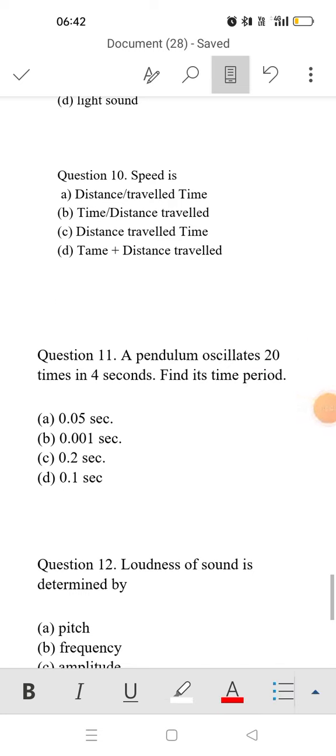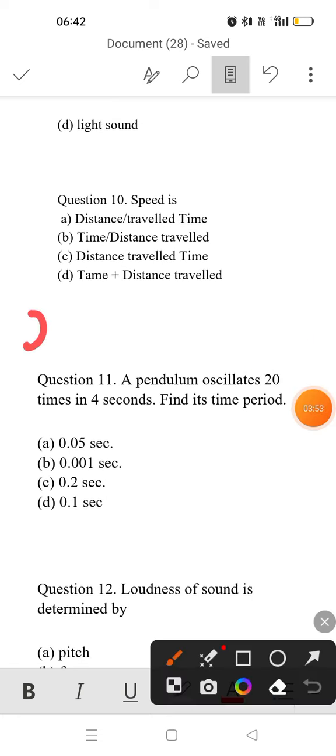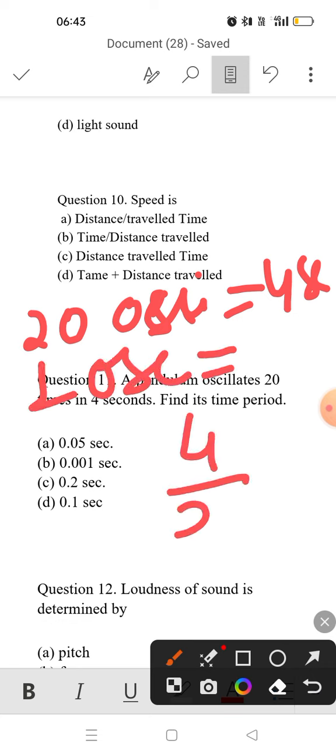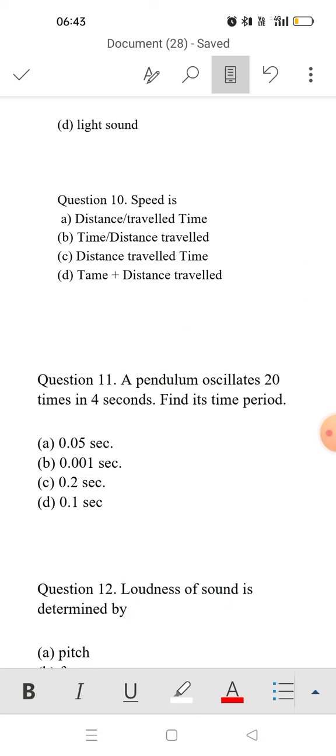The time taken for one oscillation is called the time period. If it is doing 20 oscillations in 4 seconds, then for one oscillation it requires 4 upon 20 seconds. When we solve it, we get the answer 0.2 second. Clear? So its answer will be 0.2 second.